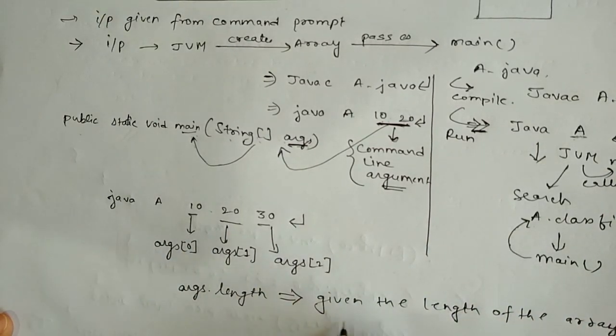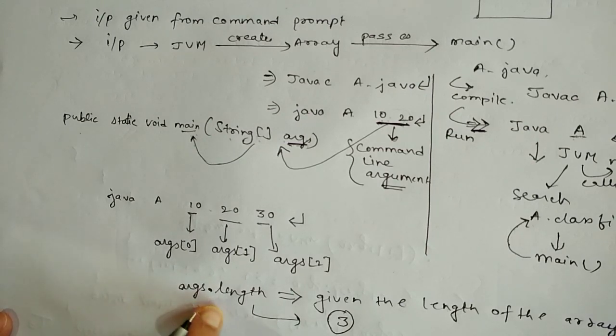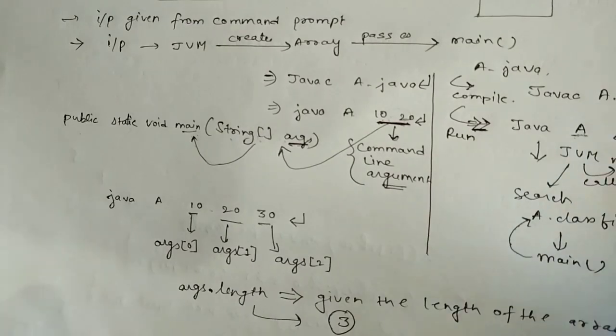Here the length is 3. args.length provides the size of the array, so it will give us 3 as we are giving 3 inputs. Okay, now we will look into the example.